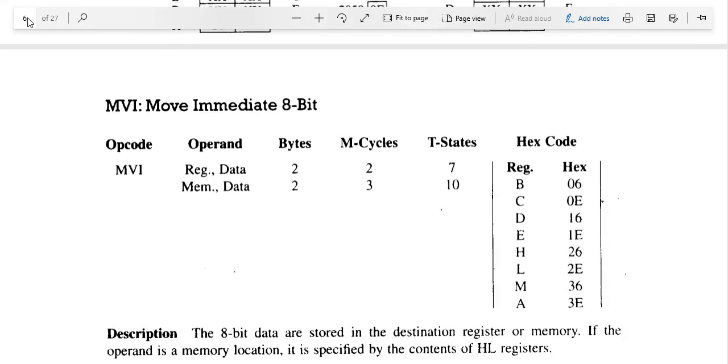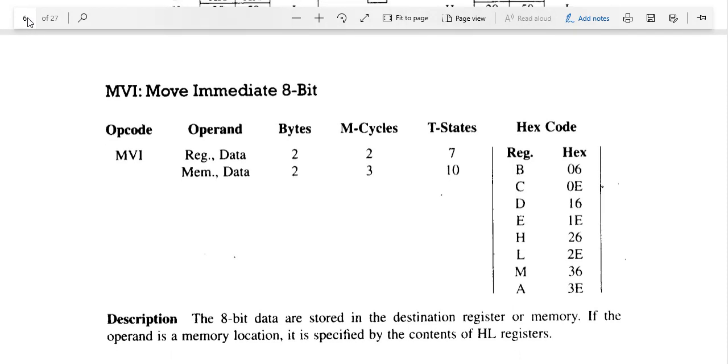Now if we talk about MVI, it means move immediate data. MVI has two cases: we can move immediate data to a register, and we can also move immediate data to memory.